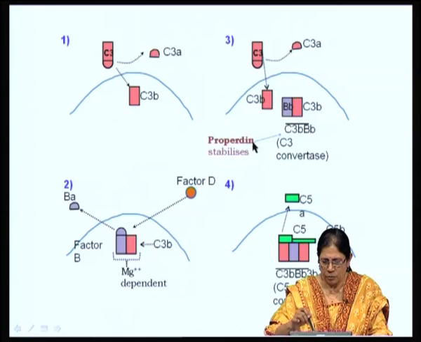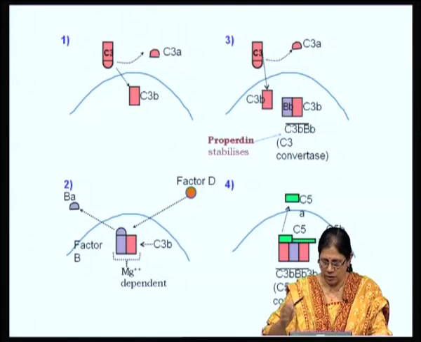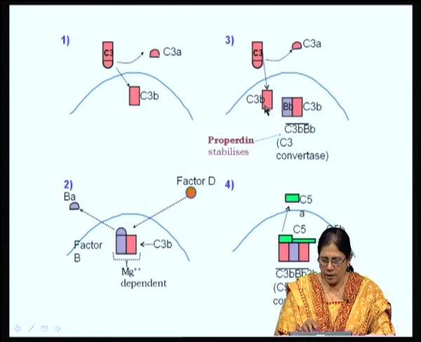After stabilization by properdin, the complex C3b-Bb, which is a C3 convertase, now recruits C3. C3 is recruited to this site, and the C3 convertase converts C3 to C3a and C3b.